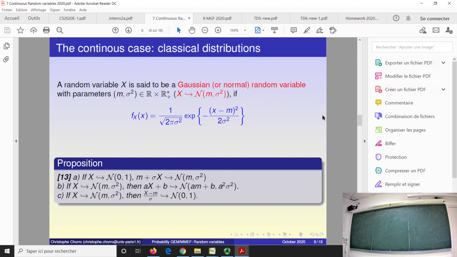So the integral of a Gaussian density is 1. So I have this nice expression for the moment generating function of N(0,1): exponential t squared over 2.